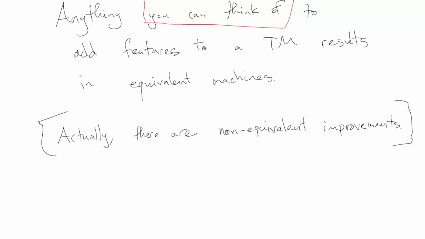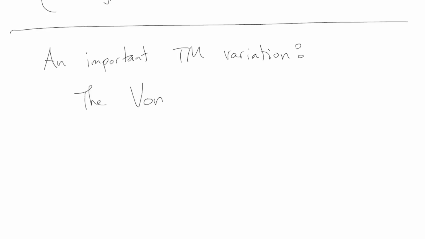What I want to say is there's actually one very notable variation of the Turing machine. So I will say this is an important Turing machine variation, and this is referred to as the von Neumann architecture.